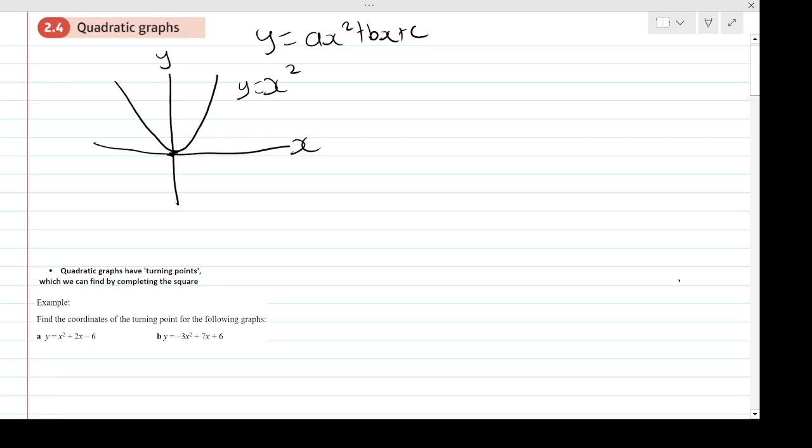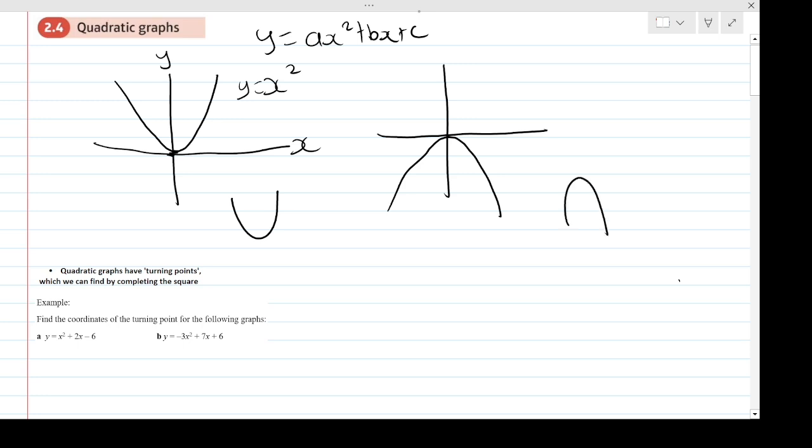When we start to look at this shape, you can have two versions of quadratic. You can have this smile shape, which will look like this, or you could go the opposite way, so it's like a frown instead.